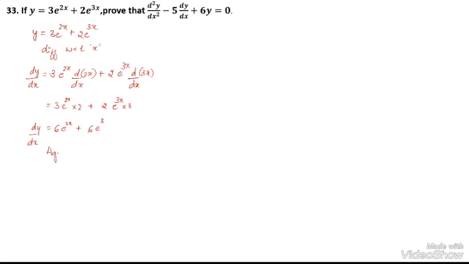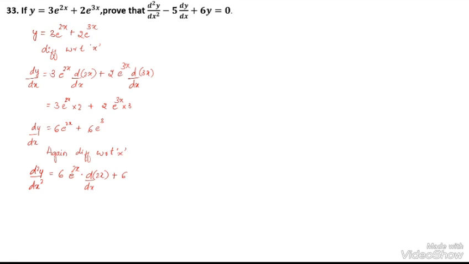Again I am taking differentiation with respect to x only. That is d square y by dx square is equal to 6 times the differentiation of e to the power 2x, again e to the power 2x. In place of x there is a 2x, so I will take differentiation of 2x.